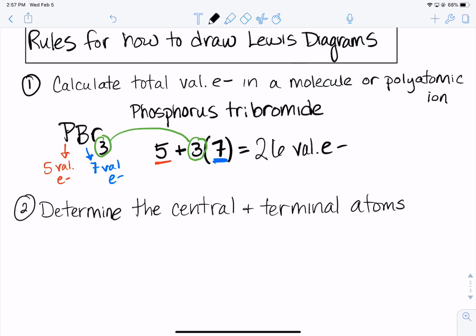I think we know what central means. It's the center. But terminal, like if you have a terminal disease, you're going to die. Your life is ending. If you terminate your job, you quit or got fired. If you call on the Terminator, Arnold Schwarzenegger will kill everything in sight, right? Terminate means the end. So central and terminal atoms.